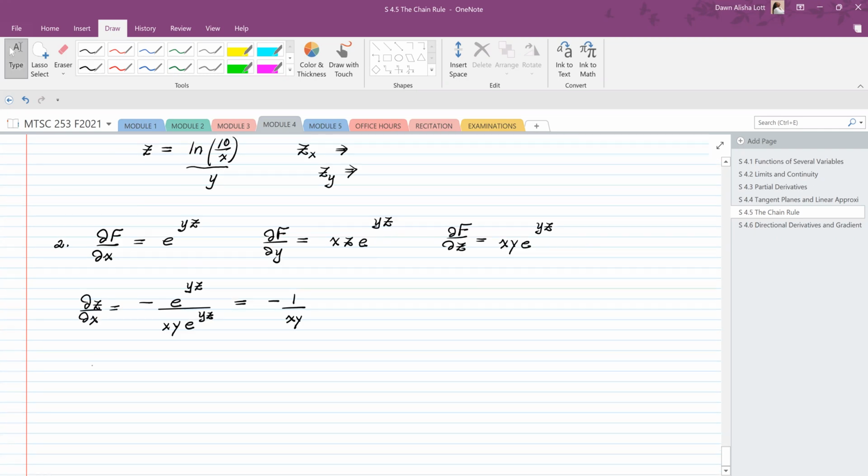And then the partial of z with respect to y would be minus xz e to the yz over xy e to the yz. So that's minus z over y. And I'm done.